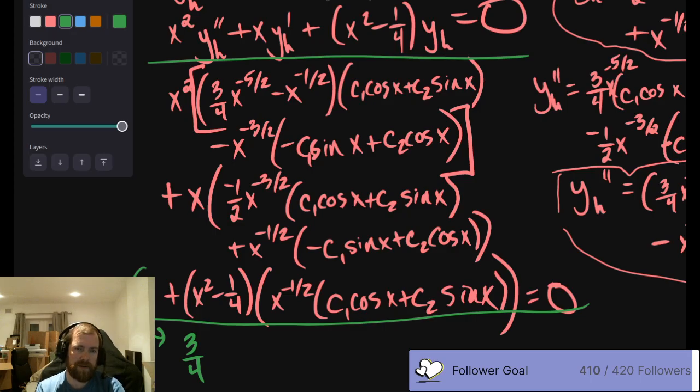Right, x squared is the same as x to the 4/2, and we're going to multiply that by x to the negative 5/2, so this is going to get x to the negative 1/2. And then same deal, minus x to the 4/2 minus 1/2 is going to be 3/2, although this is in the positive direction.